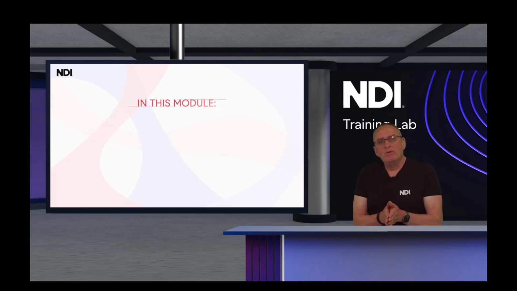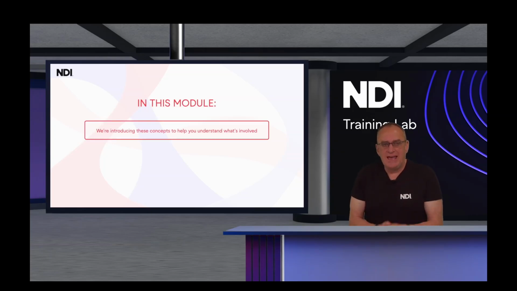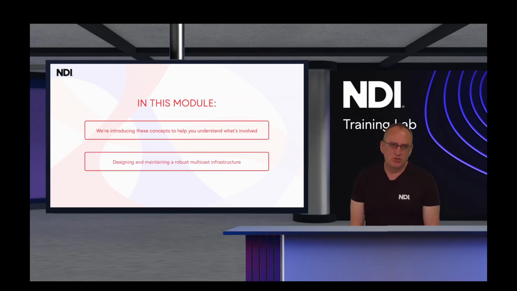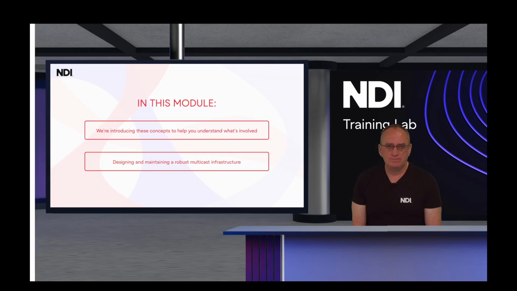In this module, we're introducing these concepts to help you understand what's involved, but in practice, designing and maintaining a robust multicast infrastructure at this scale should be done with the support of qualified network professionals who are experienced in multicast routing and IP video workflows.